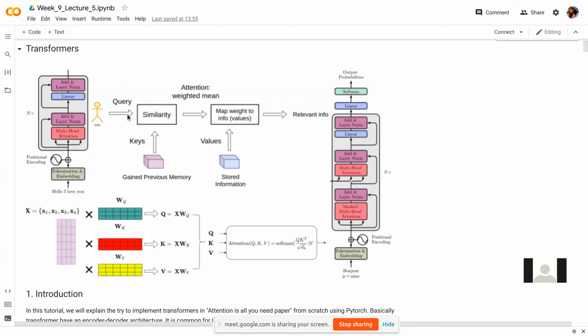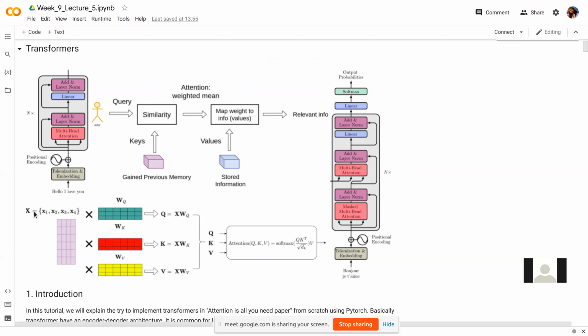Attention is there, so the query computes the similarity with different keys, which is used to compute the softmax score, which is then used to compute the weighted average of the values, and then it is given as relevant information about the entire sentence as an input to the decoder part. The decoder will take it and start predicting the distribution over the vocabulary to predict the most likely words, and so on.